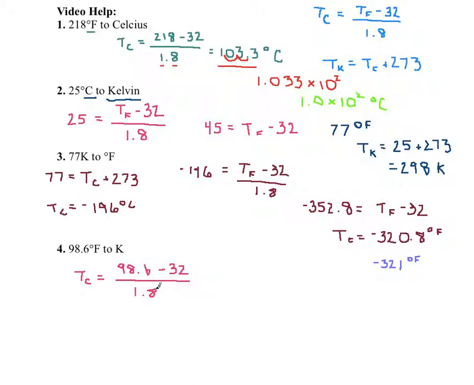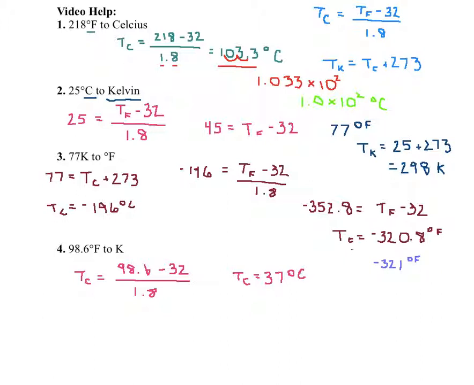And so what I get when I do that, 98.6 minus 32, and then I divide that by 1.8, I get 37. So TC equals 37 degrees centigrade. Notice even in not my final answer, I'm including units. Okay, so please include units as much as possible.